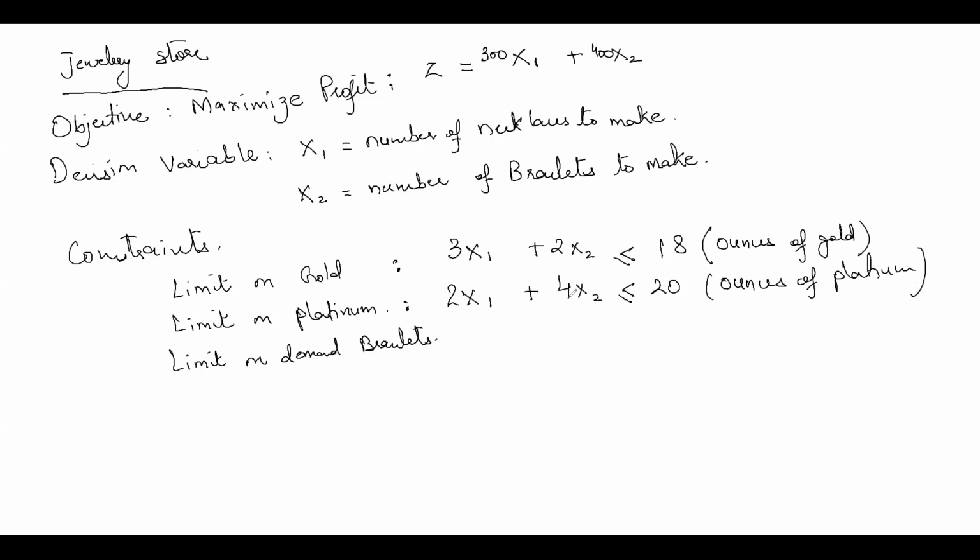So whatever we do, this equation cannot be above 20. So whatever was in the question, we are putting it in mathematical equations. And the third limit is on demand for bracelets. Whatever we do, we should not make more than 4 bracelets. This is the demand for bracelets.